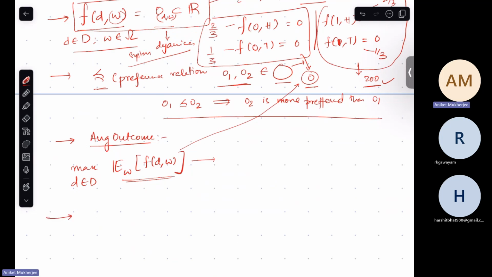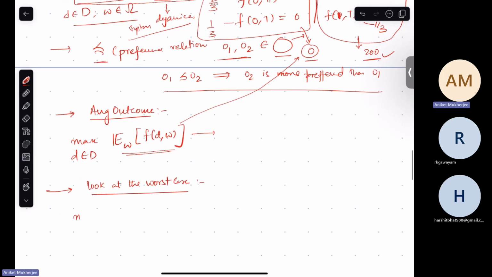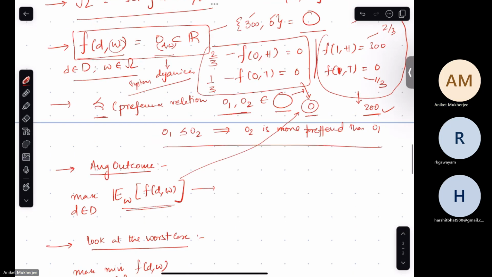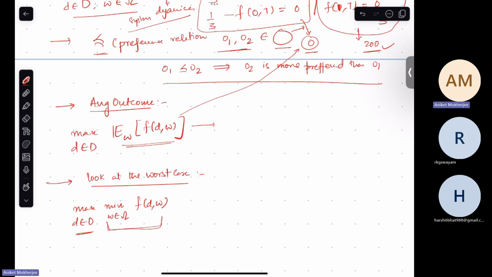The next thing we could do is look at the worst case output. So what does worst case output mean? You take the max over D belonging to T of the minimum output that you can get over all decisions. First you're minimizing your output.